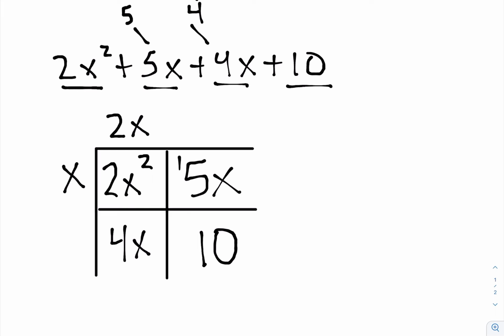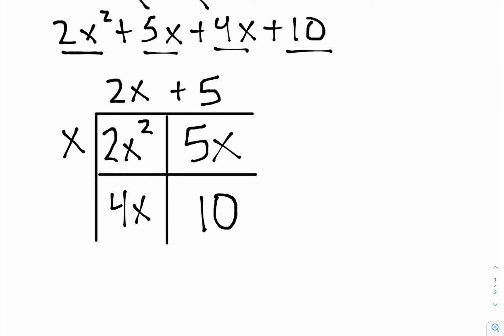We do the same thing for the 5x. x times what is going to give us 5x? Well, x times 5 is going to give us 5x, so we get a positive 5. We always write plus there; if it was negative 5, it would be minus 5. So this is one of our brackets after factoring. We're done that part.